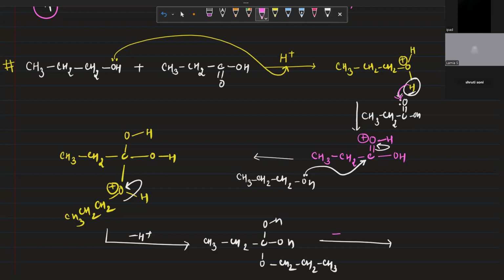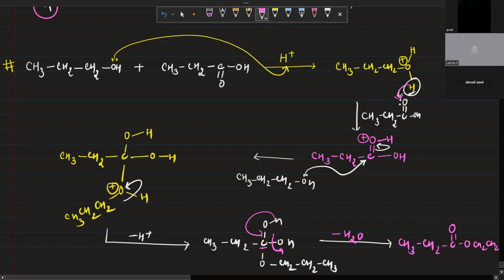After that, see there are two OH on the same carbon. So H2O will be removed. Okay, like this: CH3, CH2, C double bond O, O, CH2, CH2, and CH3.